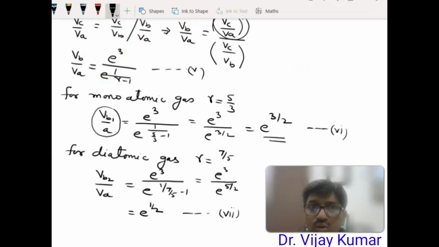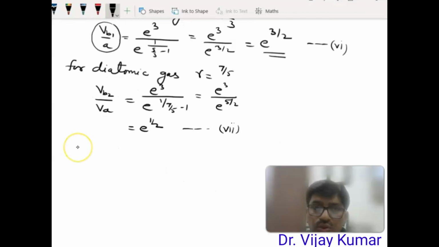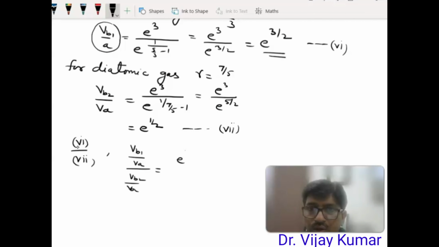So now, if we divide equation number 6 by 7, then it becomes VB1 upon VA upon VB2 upon VA is equal to e to the power 3 upon 2 upon e to the power 1 upon 2, and VA cancels out.